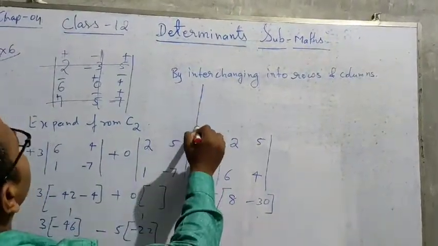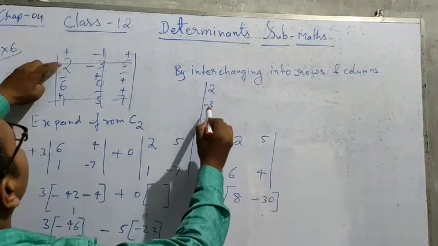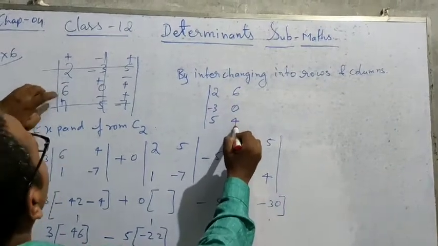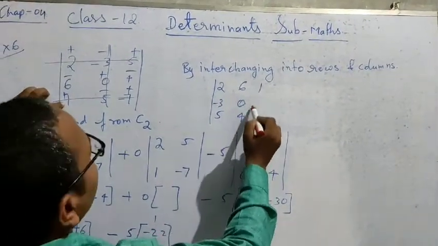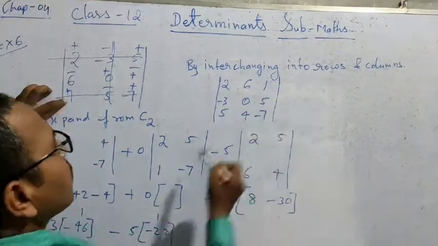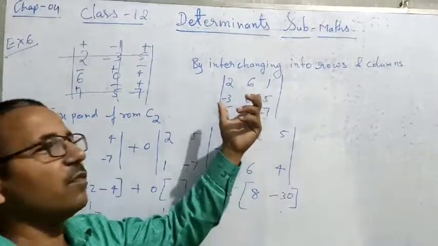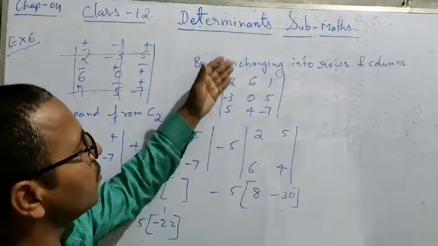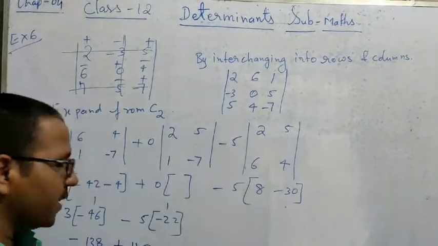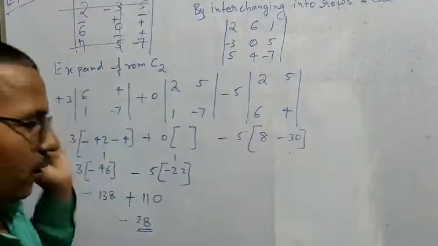We get the new determinant: 2, minus 3, 5; 6, 0, 4; 1, 5, minus 7. Now we have got this determinant. Students, by the same method, expanding by any row or column, you will get exactly this same value. You can check it and you will get your answer.